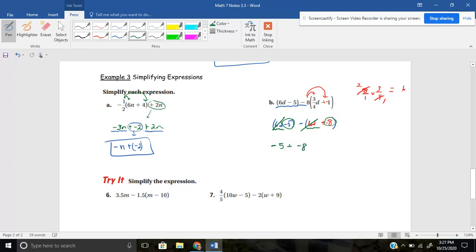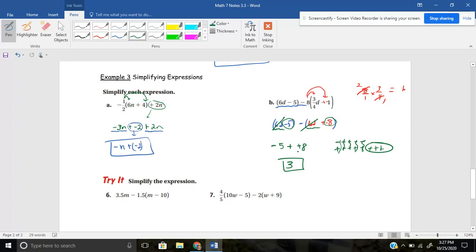Okay, I'm going to change my subtraction to addition and the next to its opposite. So that would give me negative 5 plus positive 8. If I have 5 negatives and 8 positives, what am I left with? Positive 3.